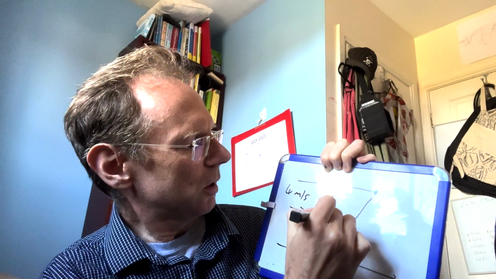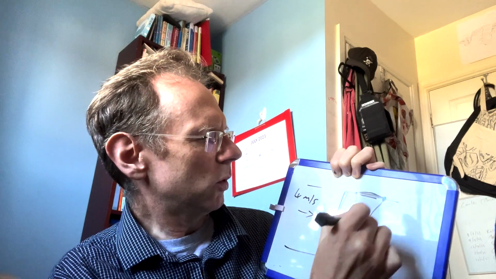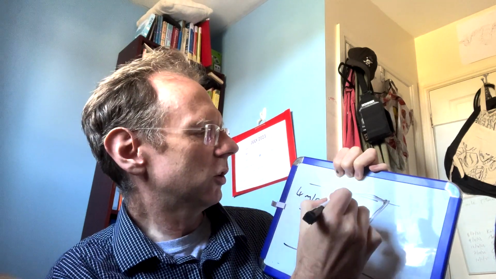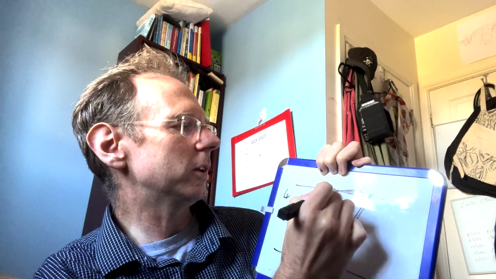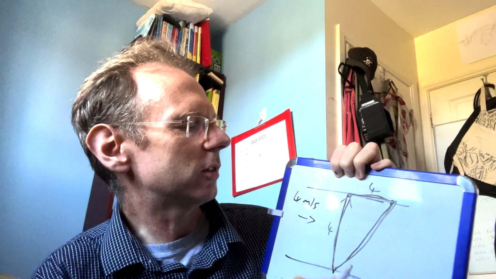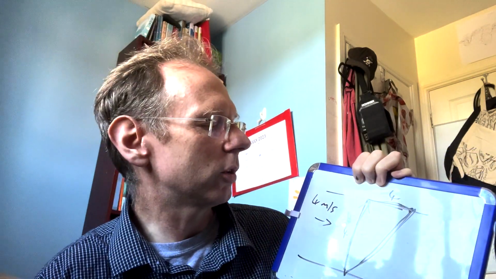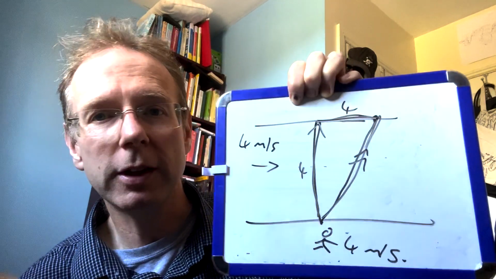So what is, this speed, that's you swimming, and this speed, it's going to be the same, 4, 4. So what is your resultant speed? Well, this is where Pythagoras comes in handy.